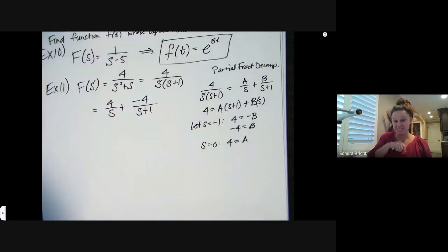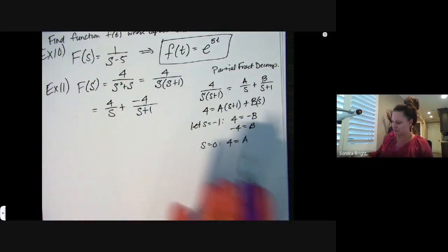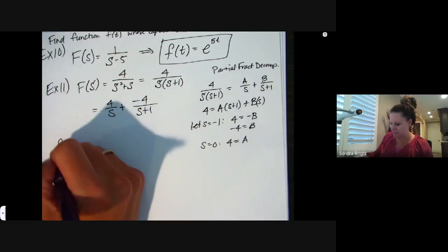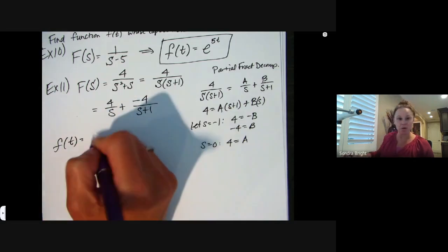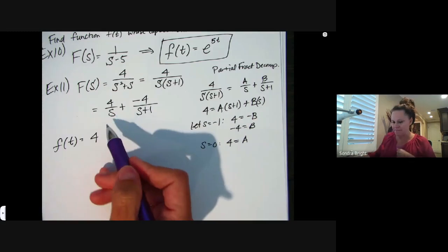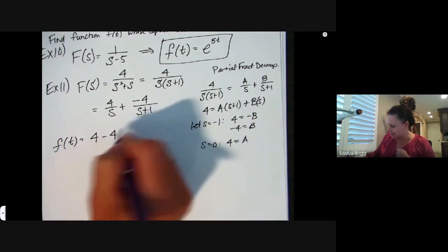Do we see the pattern now? The 4's at the top can just be factored out, so this is like 4 times 1 over s. That just means it's equal to 4 times either t to the 0 or e to the 0t, and then minus 4 times e to the negative t.